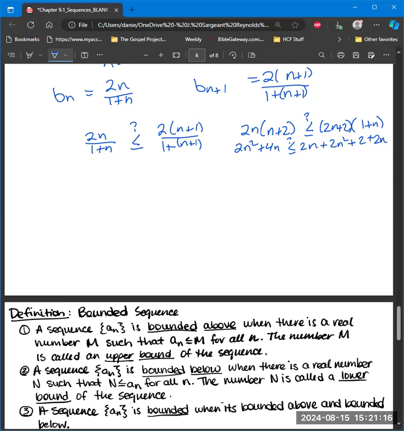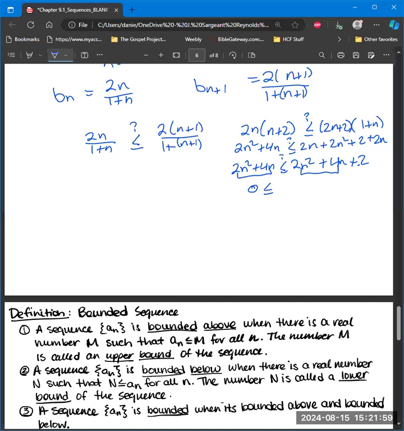Simplify here: 2n squared plus 4n. Is that less than or equal to 2n squared plus 2n plus 2n, which is 4n, plus 2? Absolutely. Do you see that? This is the same here for both of them, and I'm adding 2 on the right. So absolutely this inequality sign is preserved.